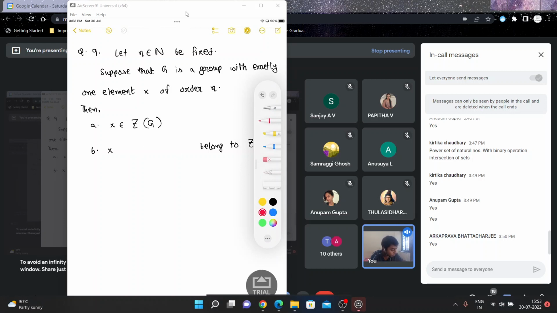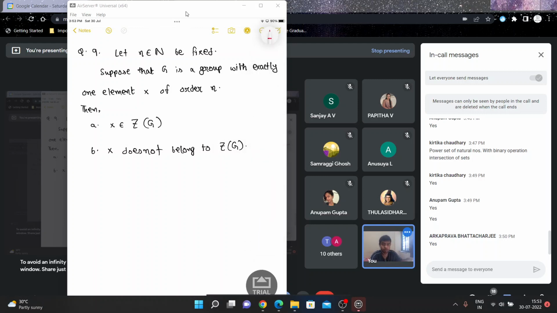Maybe I just put x does not belong to the center. Does anyone want to try this one? Whether x belongs to the center, or is it the case that x never belongs to the center?